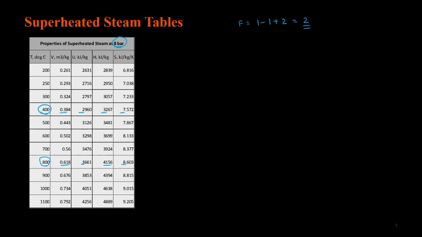If I need it at 9 bar, then I take the table at 8 bar and I take the table at 10 bar. And then if I need it at 9 bar and 250 degrees centigrade, I take these 2 tables and then interpolate between these 2 pressures at 250, and I'm home free.